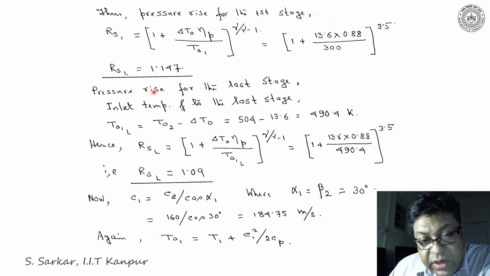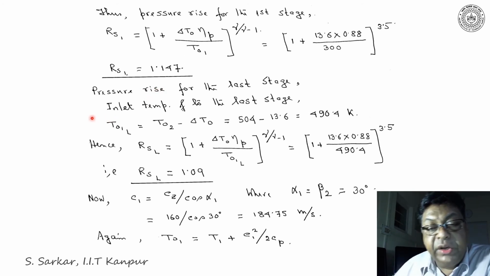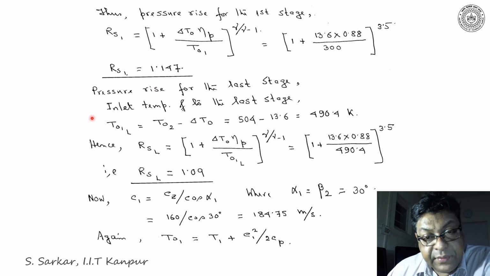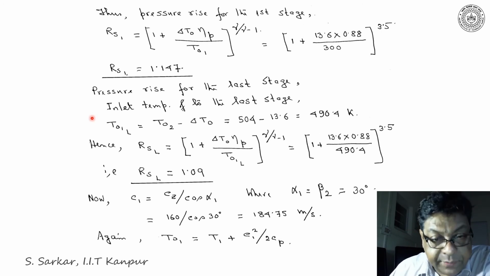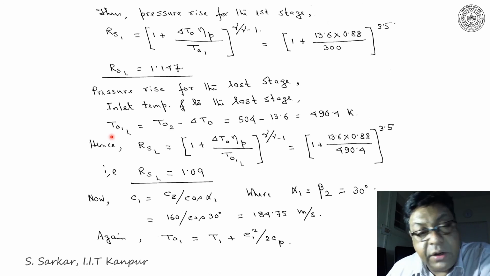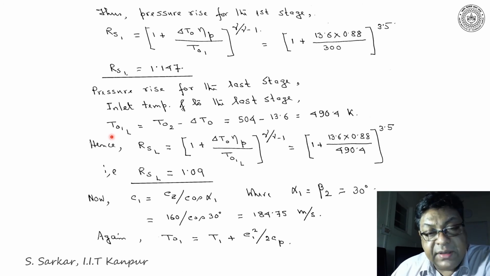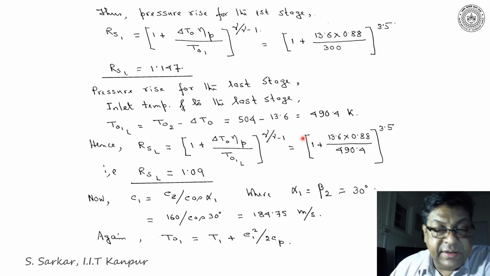Similarly, pressure ratio for the last stage would be evaluated now. Look, this is not rise but the ratio. To do the pressure ratio for the last stage, I'll first have to assess the inlet total temperature to the last stage. Now I can write inlet total temperature to the last stage T01L is equal to T02 minus del T0, that is equal to 504 minus 13.6.